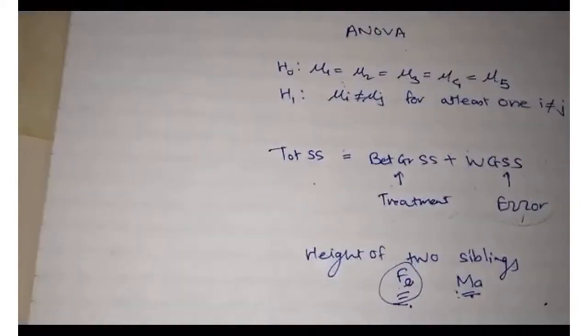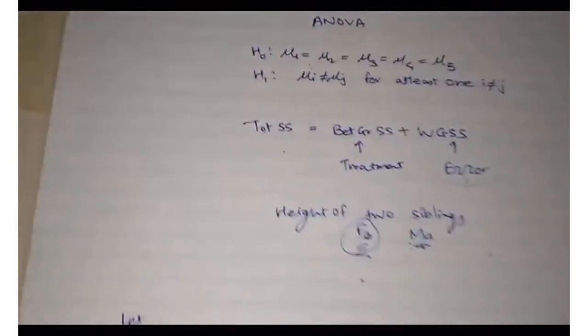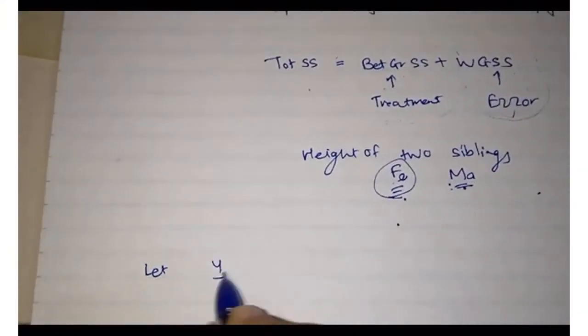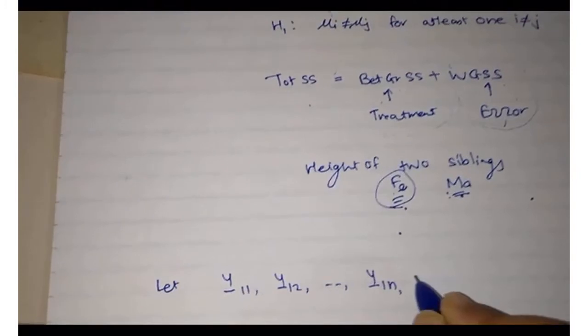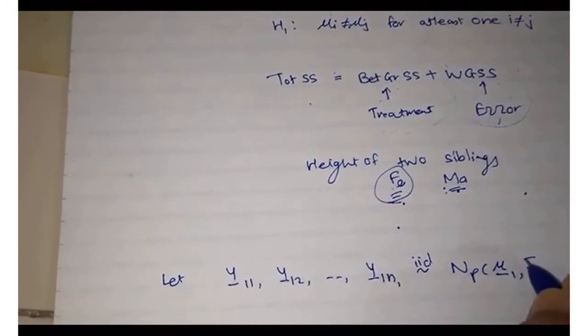So first I need to have k different populations. Now my notations are going to get much more complicated, so please be careful. Suppose y11, y12, up to y1n1 are IID observations coming from N_p(mu1, sigma).